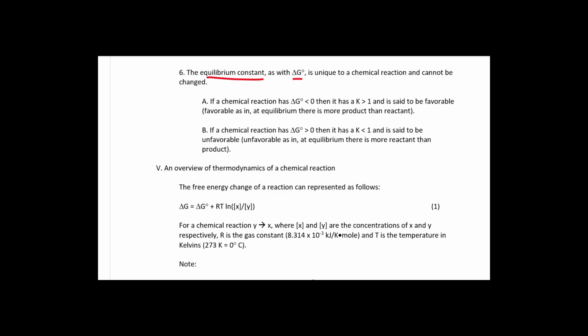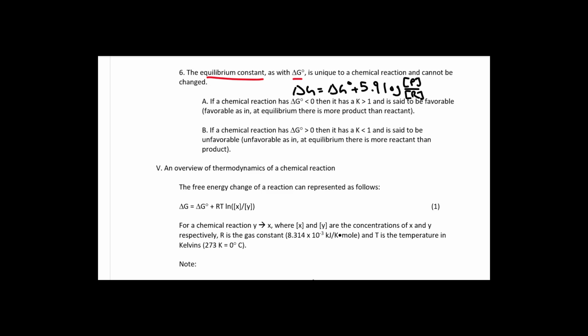Just to make sure that we're on the same page, let's write our equation out again. Delta G equals delta G standard plus 5.9 log of concentration of product over concentration of reactant, right? So the number that cannot change is delta G standard, and if you know delta G standard, as we've shown above, you can figure out the equilibrium constant.